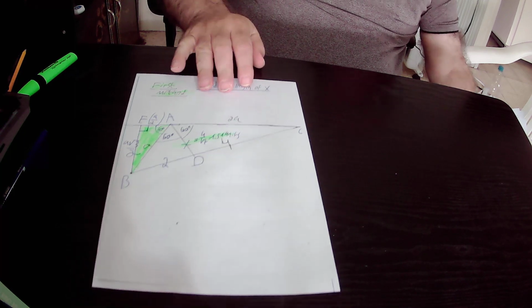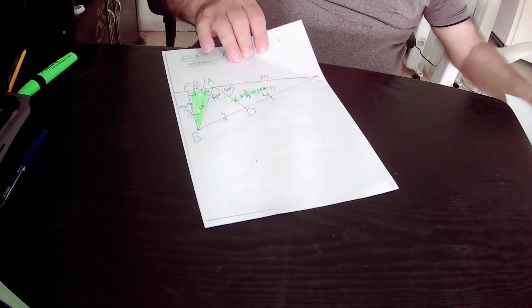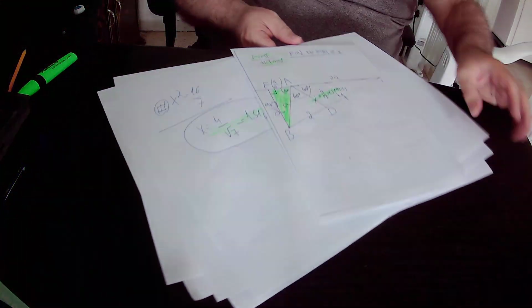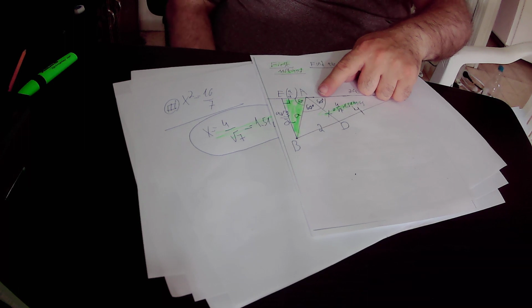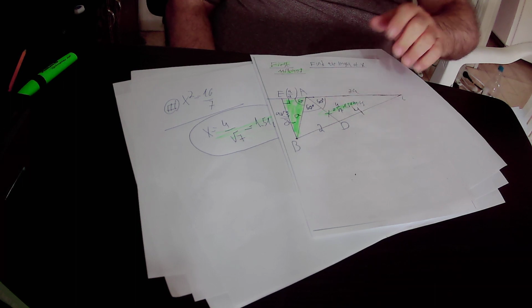So we finished with the first method. Here I meant to say that AD, which is equal to x, is equal to 1.51 units, okay?